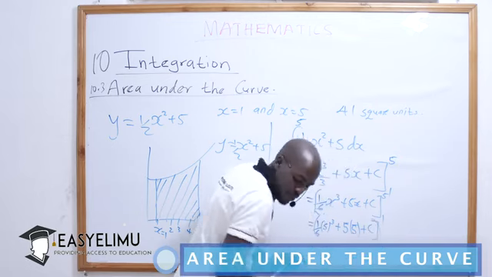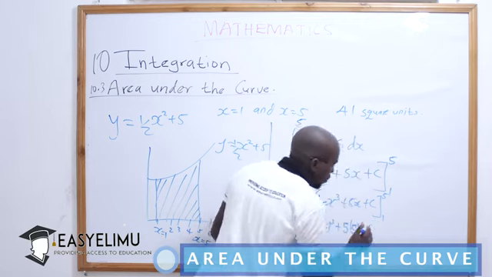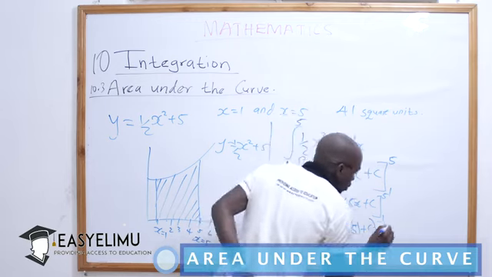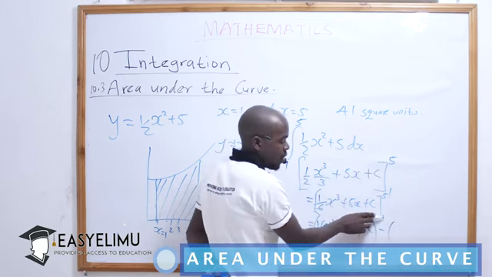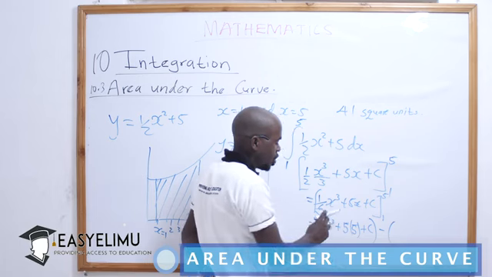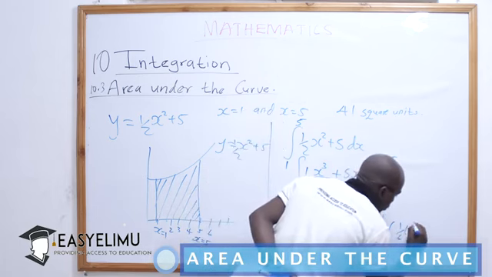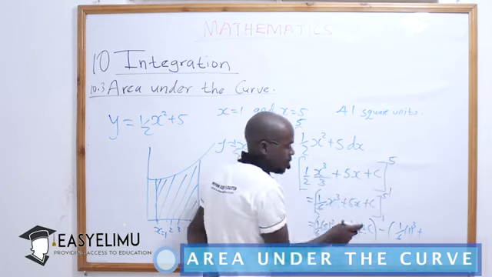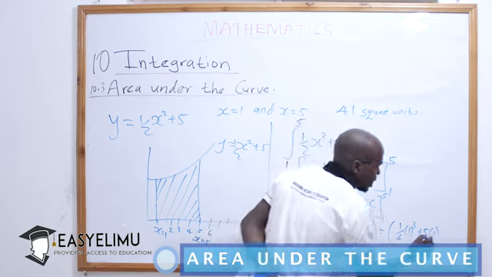Actually, it should be just a bracket, because I'm removing the constant of integration, the limits of integration. So minus, because we are now substituting 1: 1 over 6, 1 cubed plus 5 into 1, plus c.